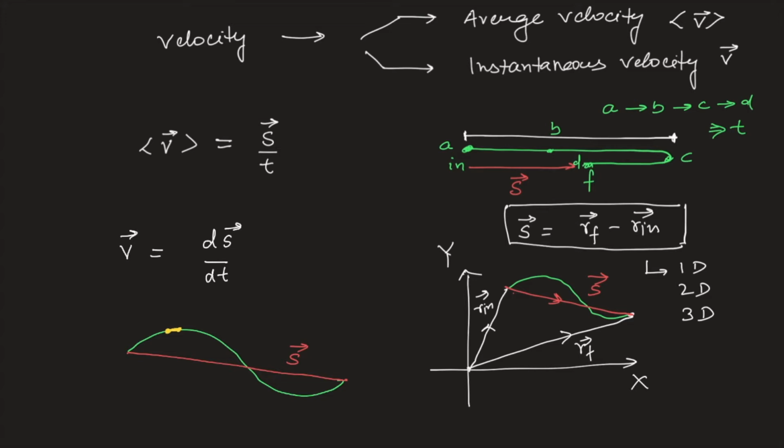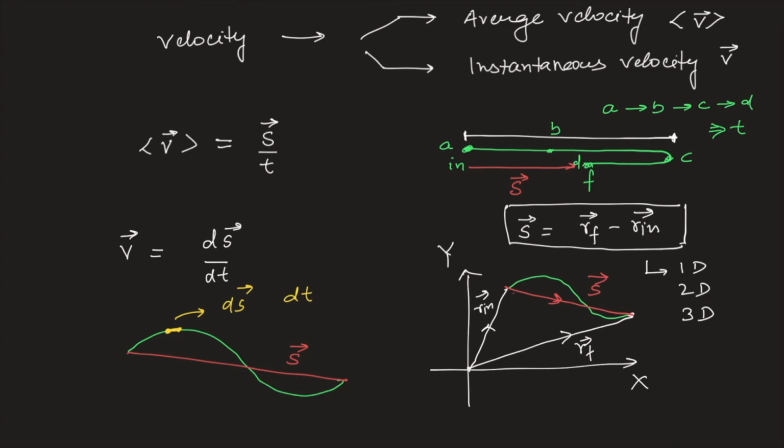So this small displacement ds that happened in a small time dt, and that is how you find your instantaneous velocity. You take a small displacement and you divide it by the small amount of time.